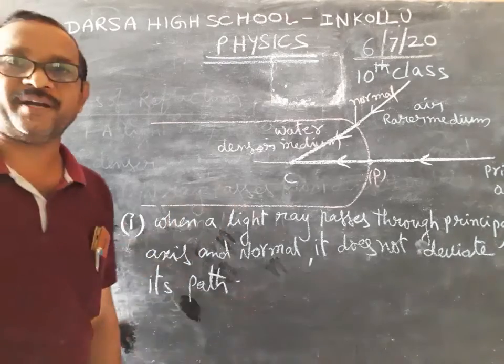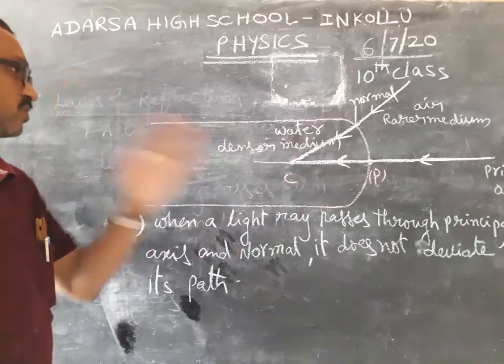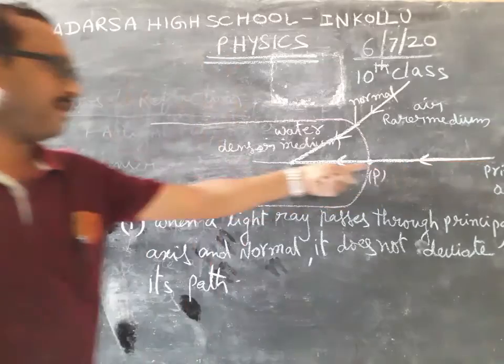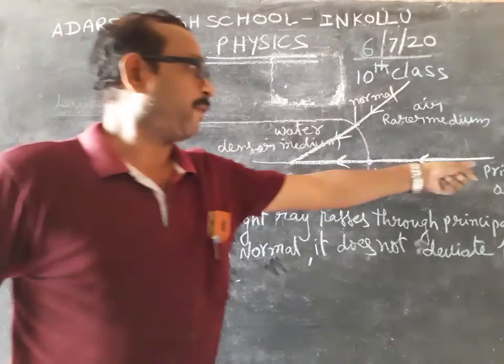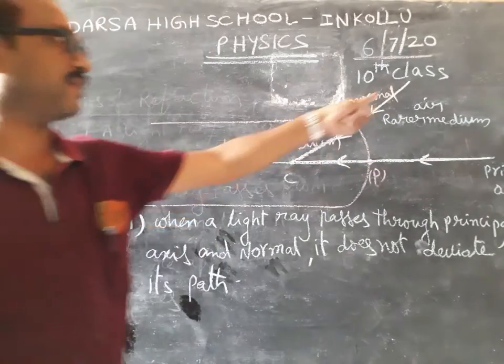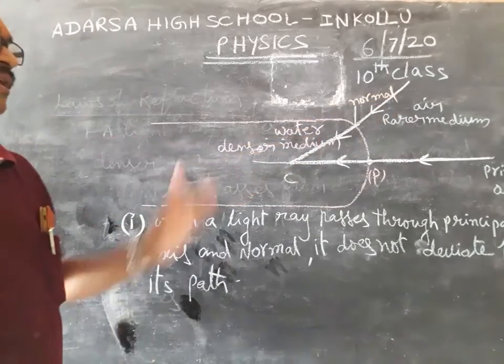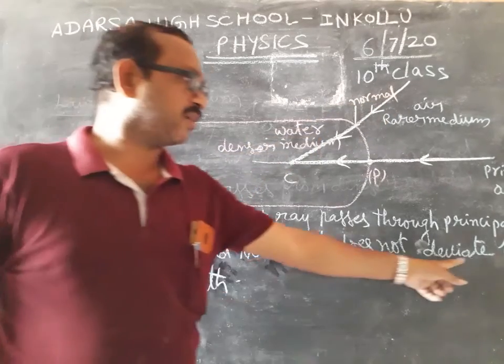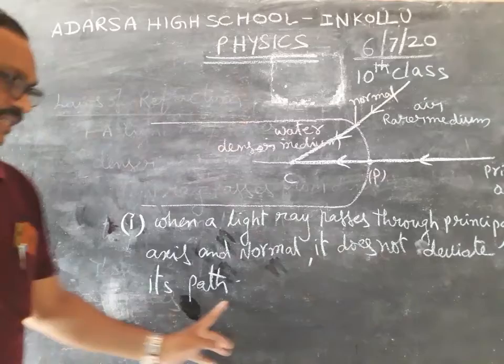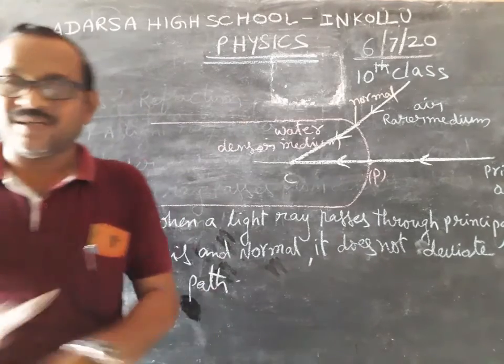One important point, always he asked, so what is that one? When a light ray passes through the principal axis or passes through the normal, it does not deviate from its path.